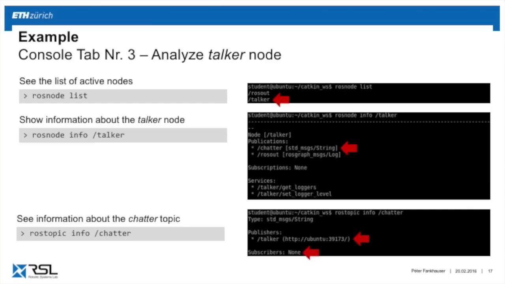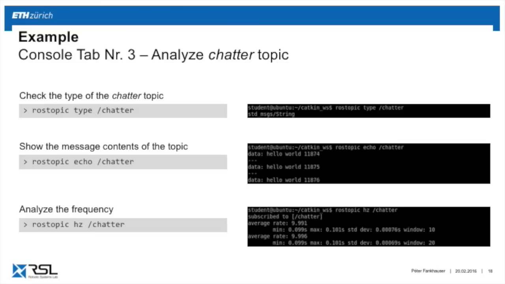So we have started the roscore. We opened up the talker node and we looked at the node. We analyzed it. We can look now more closely at the chatter topic which your talker is publishing. You can do this by rostopic type and then the chatter topic, which tells you, okay, this topic is of type std_msgs/String.